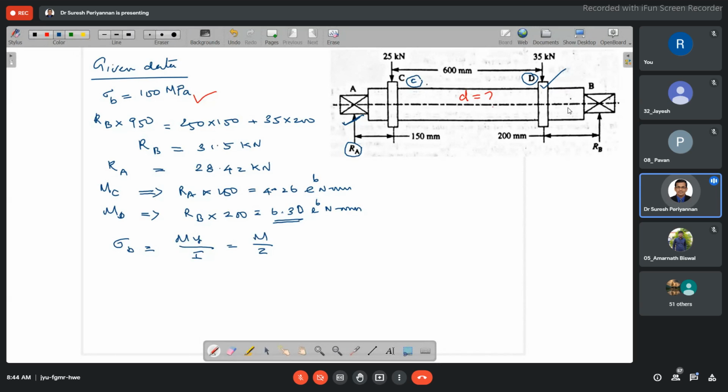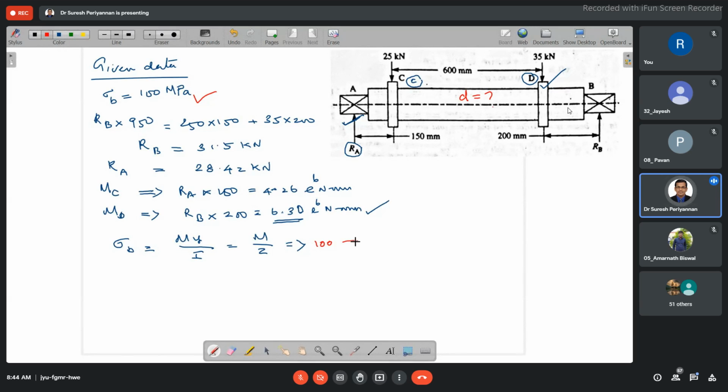Section modulus, pi by 32 into d cube. We consider the maximum bending moment for our design, and our limit bending stress is 100 megapascal.